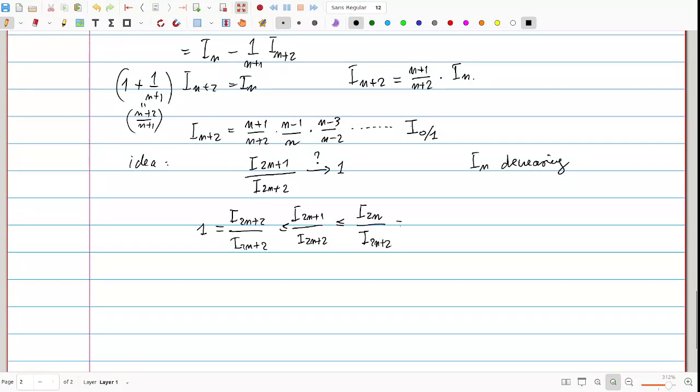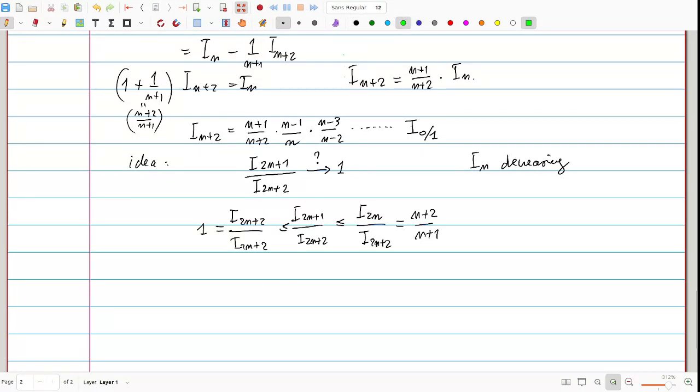And now we know this ratio because it is written here. I_n divided by I_{n+2} is the inverse of this fraction, so this is equal to (n+2) divided by (n+1).